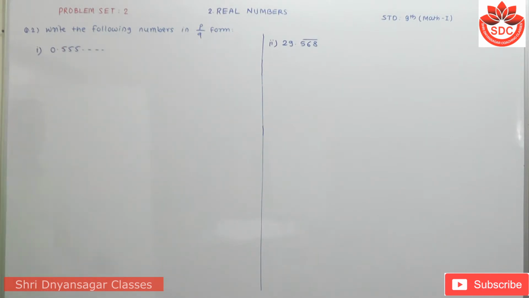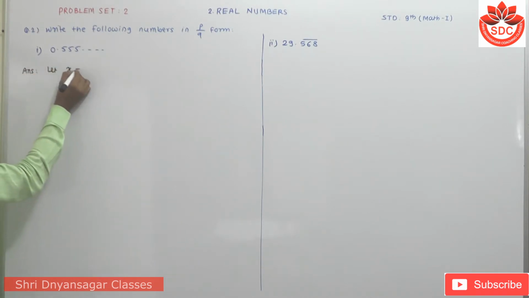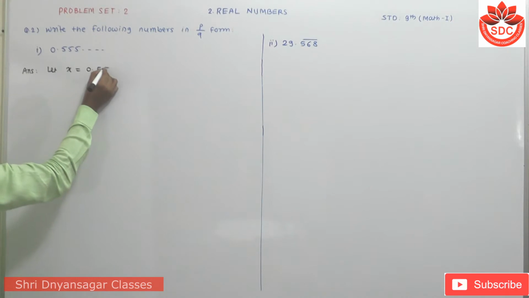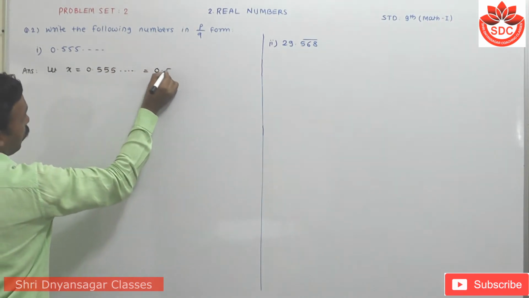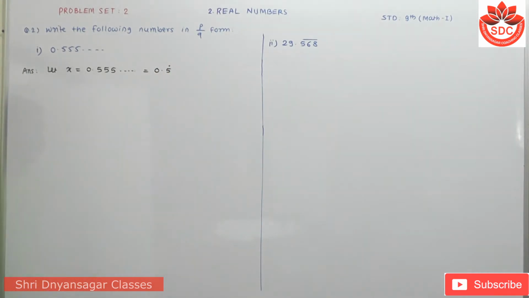0.5555 recurring. Student, the answer to such a question is: let x equal 0.555, that is 0.5 recurring.